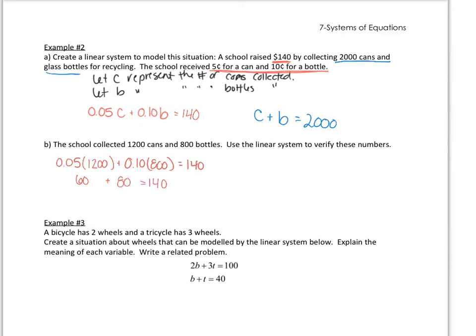When I add the left side, I get 140, which still equals the right side. So that's good. We're going to do the same thing with the other equation. So 1,200 cans plus 800 bottles is equal to 2,000, hopefully. Well, when we add them up, we get that 2,000 is equal to 2,000. Because the left side equals the right side, this holds true.